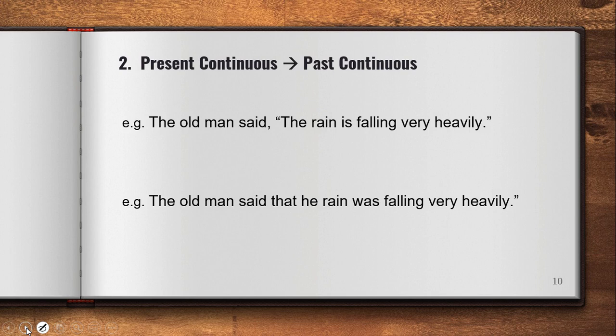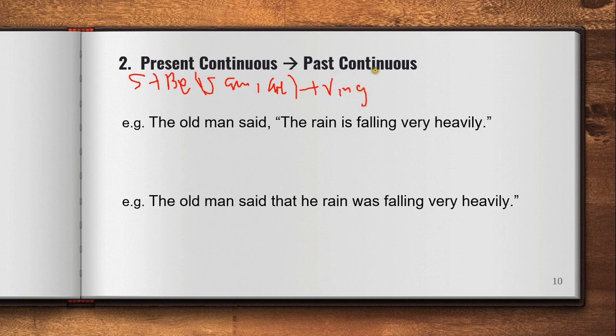It's about present continuous and past continuous tense. In here, guys, if the direct speech is present continuous tense, do you know what present continuous tense is, right? Present continuous tense is subject plus be, is, am, are, plus verb-ing.